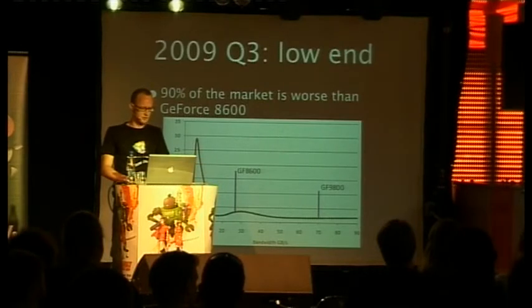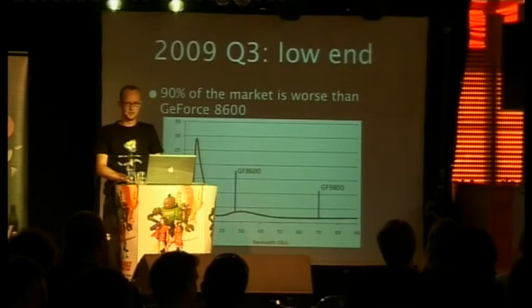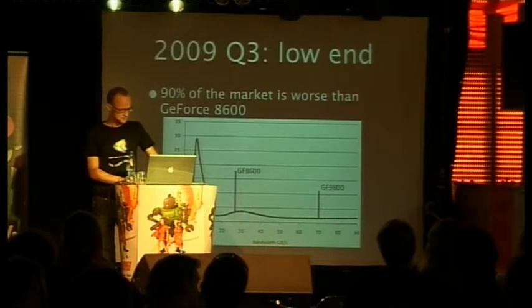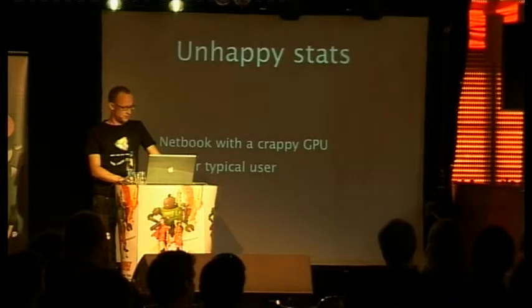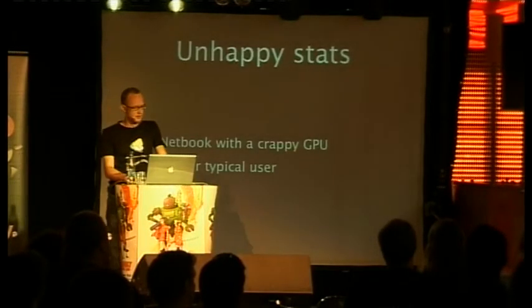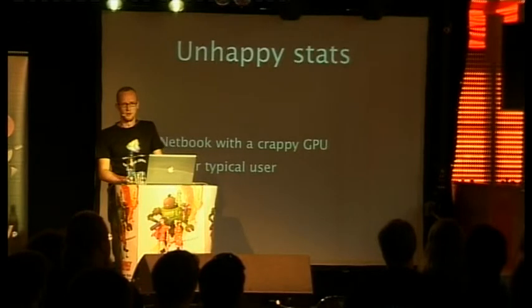This is a graph of GPU bandwidth in gigabytes per second versus percent of the people that actually have that. And most of the high-end cards, almost no one has that. So basically, a netbook or a low-end laptop with a really bad graphics card is your typical user.